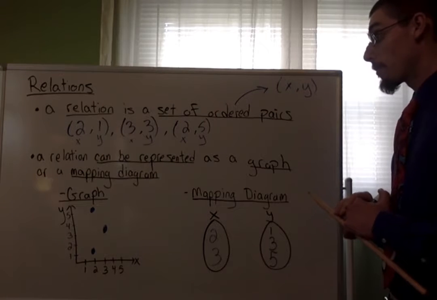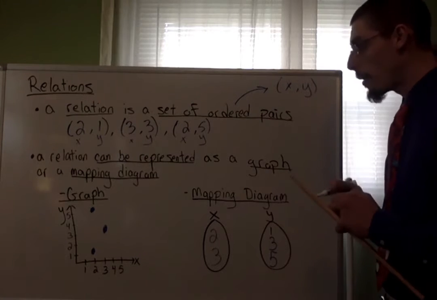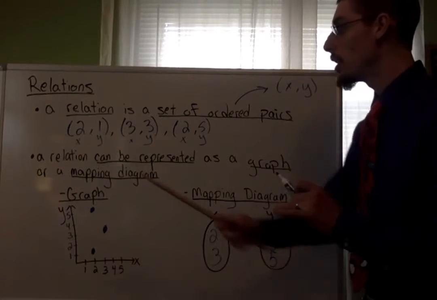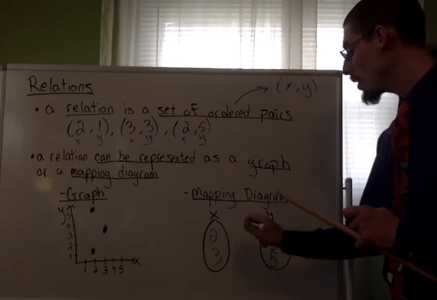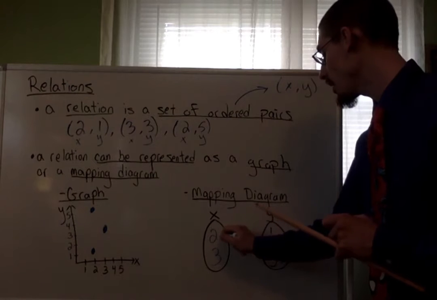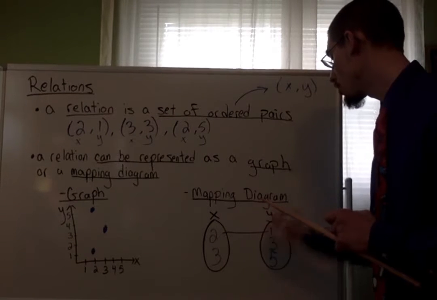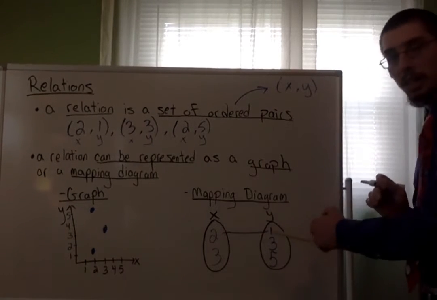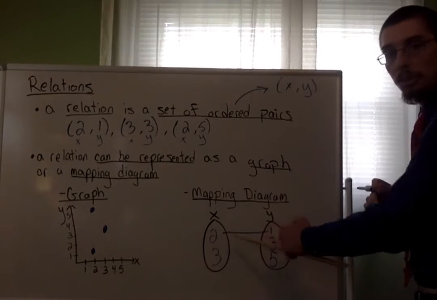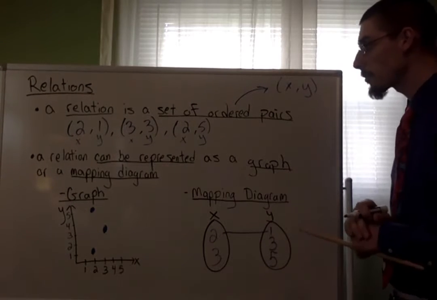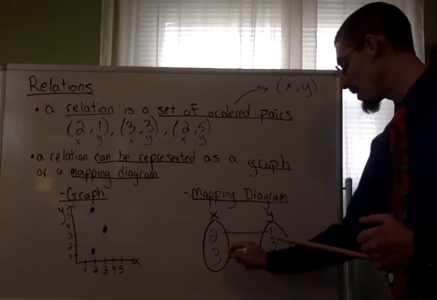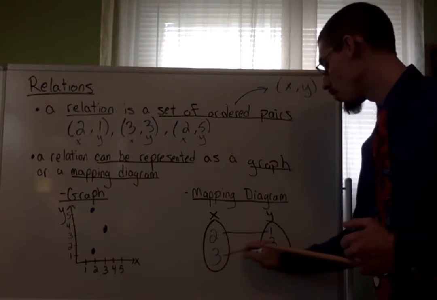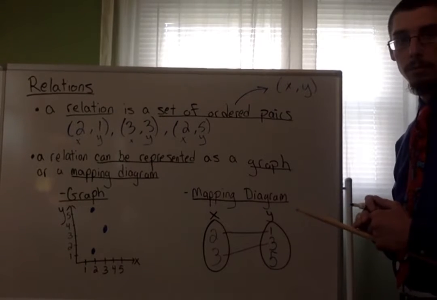Anyway, the way it works, remember, it's a relation. 2 is related to 1. So what I do is I will take a line and go from 2 to 1. That visually shows you that the 2 and the 1 are related. 3 is related to 3. So I'm going to take the 3 and draw a line to the 3.